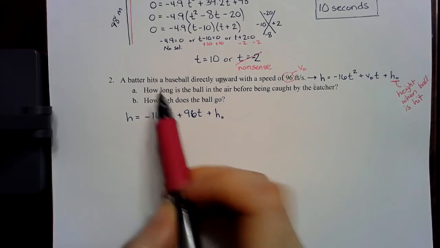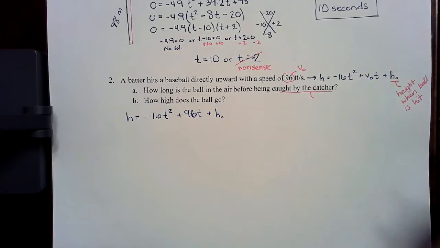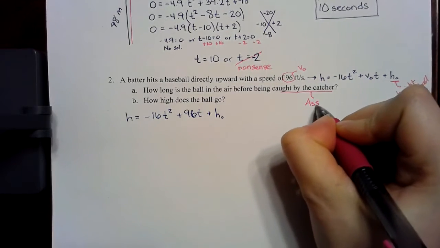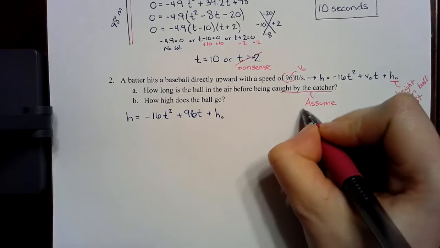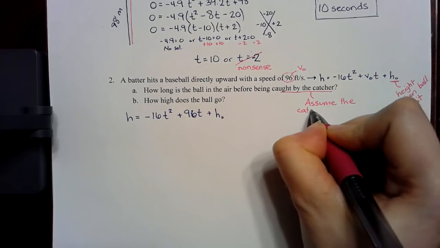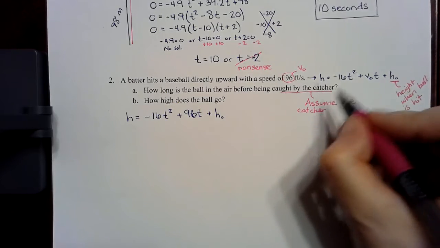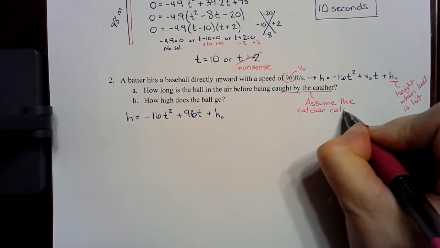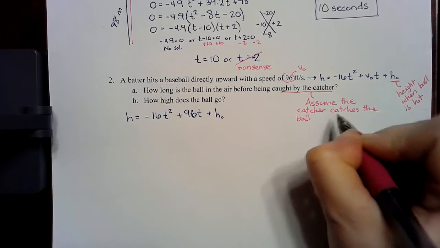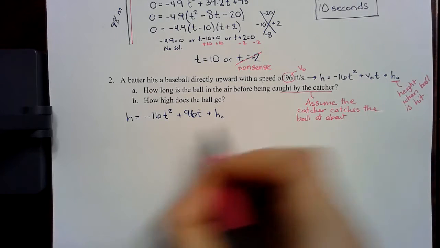So how long is the ball in the air before being caught by the catcher? Let's assume, for simplicity, so we're going to assume that the catcher catches the ball at about the same height that it was hit.